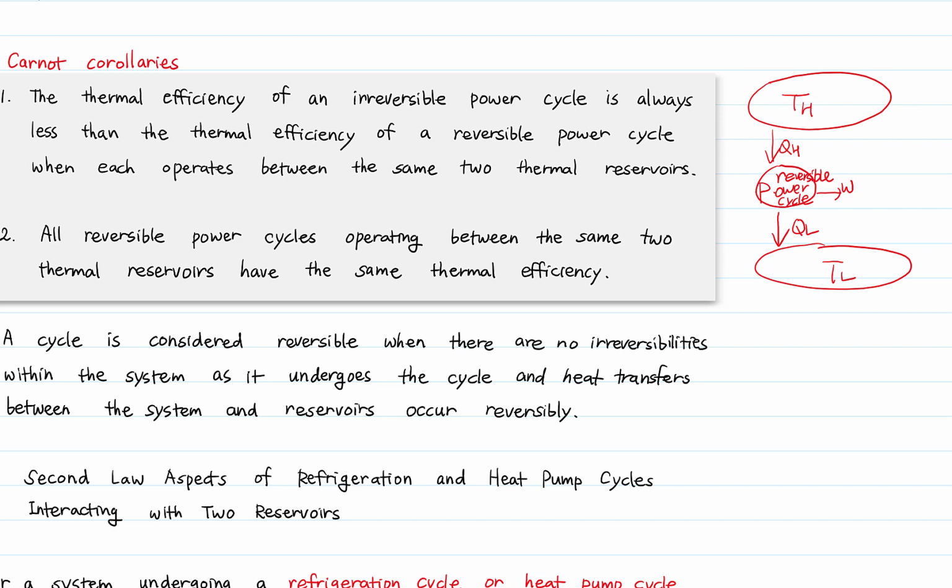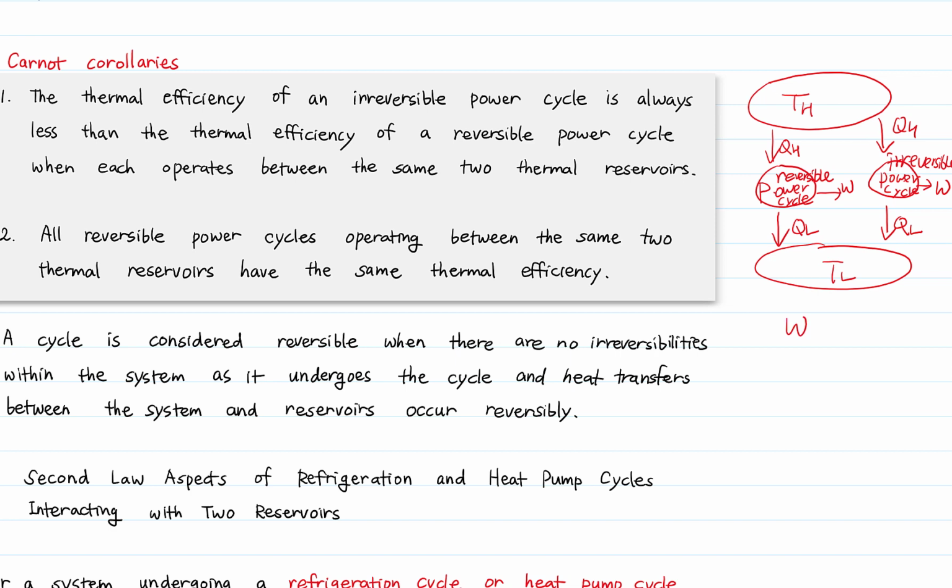Consider another power cycle between the same two reservoirs, but this time this power cycle is irreversible. The same amount of heat will be supplied to the power cycle. It will produce work, and the remaining heat will be dumped to the low temperature reservoir.